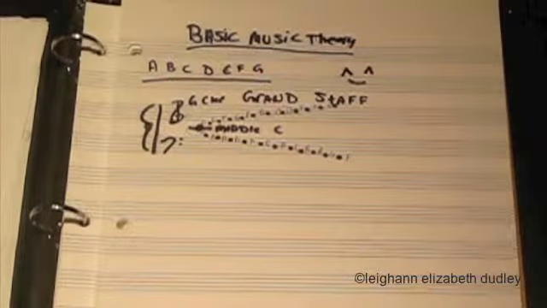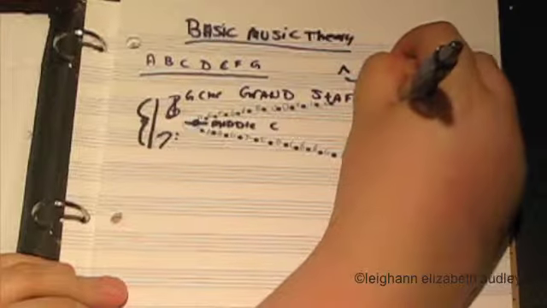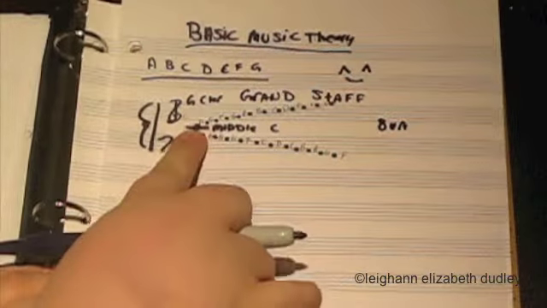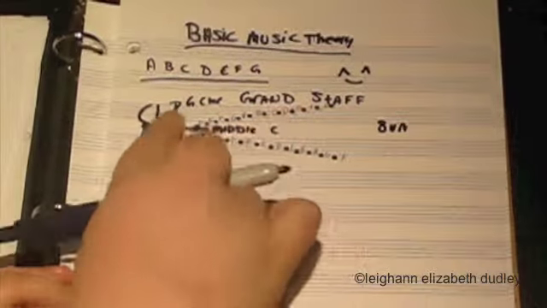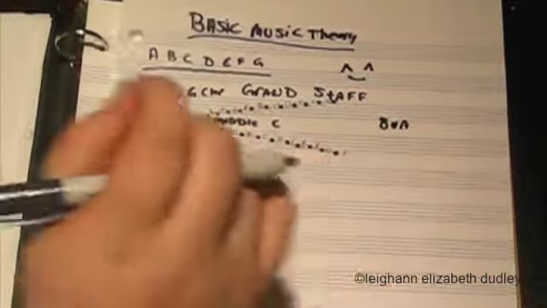I've seen a lot of ledger lines, and usually they write 8va. 8va means octave, which I already discussed up here. It's the 8th note above the other note, which means it would be the same note, so it's in the next octave.